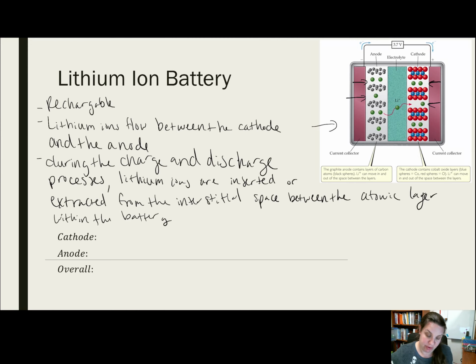At our cathode, we have a cobalt oxide species that reacts with the lithium ions to produce this lithium species.